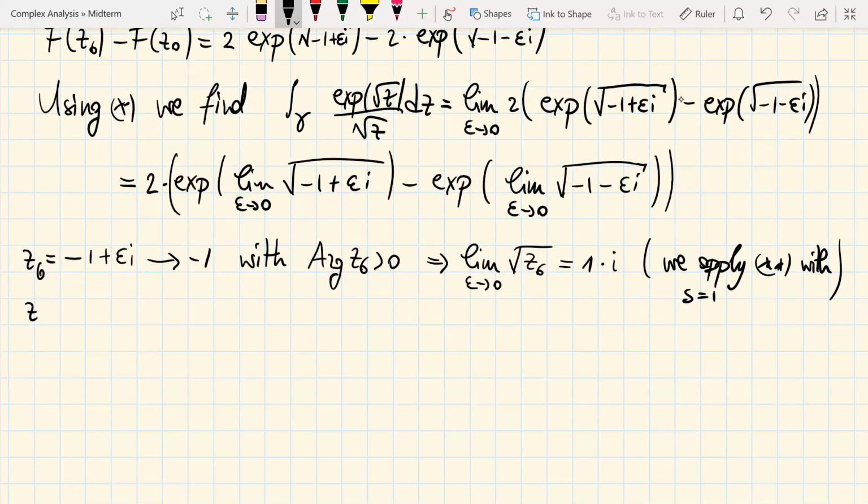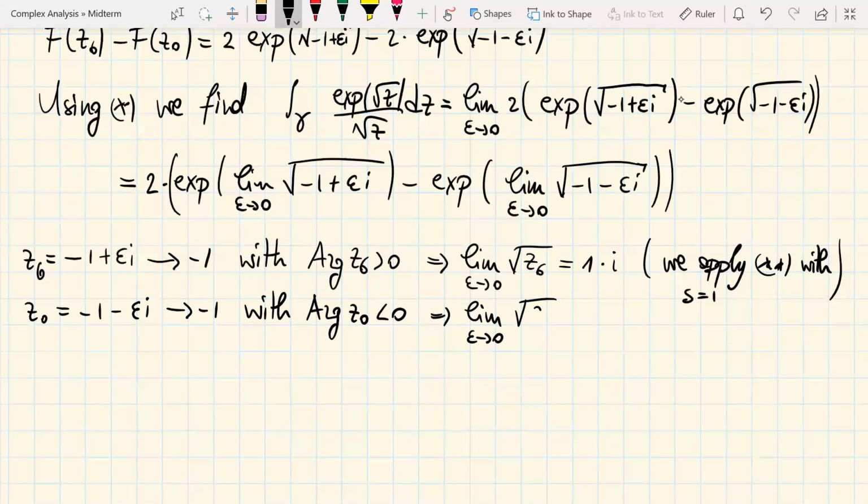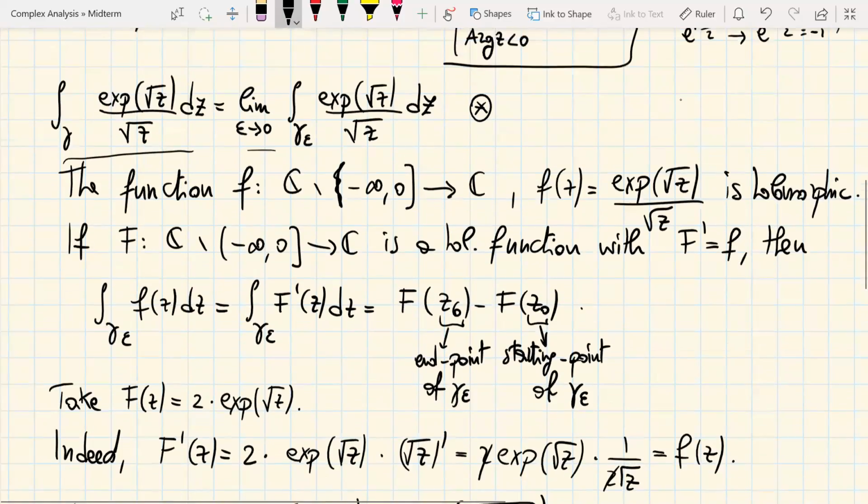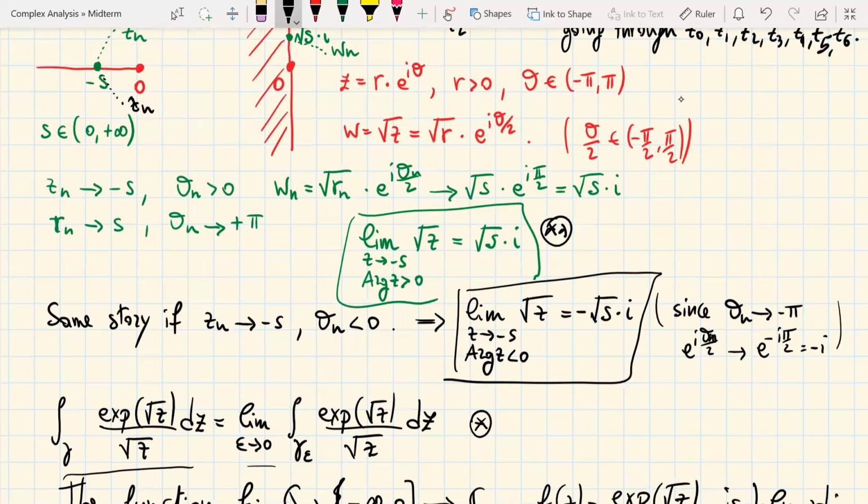And the same thing we can now do for z0. So z0 is minus 1 minus epsilon I. So this converges to minus 1. But now with the argument of z0, which is negative. So this implies that the limit as epsilon goes to 0 of square root of z0 is equal to minus 1 times I. And here we apply star star star with S equal to 1, where star star star is this relation here.